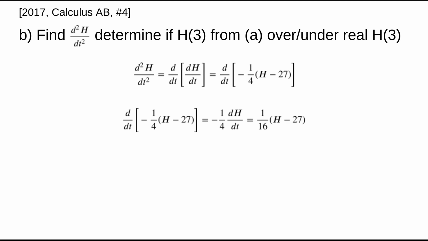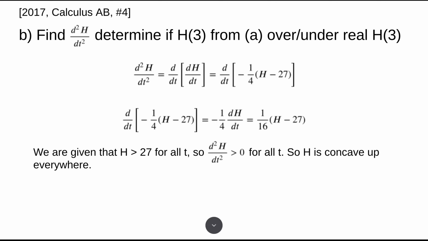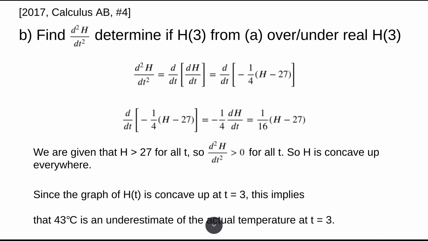Positive times positive is positive, which means this is concave up, and so our tangent line will be below the actual curve. So our approximation in part A should be an underestimate for the actual value of h of 3.